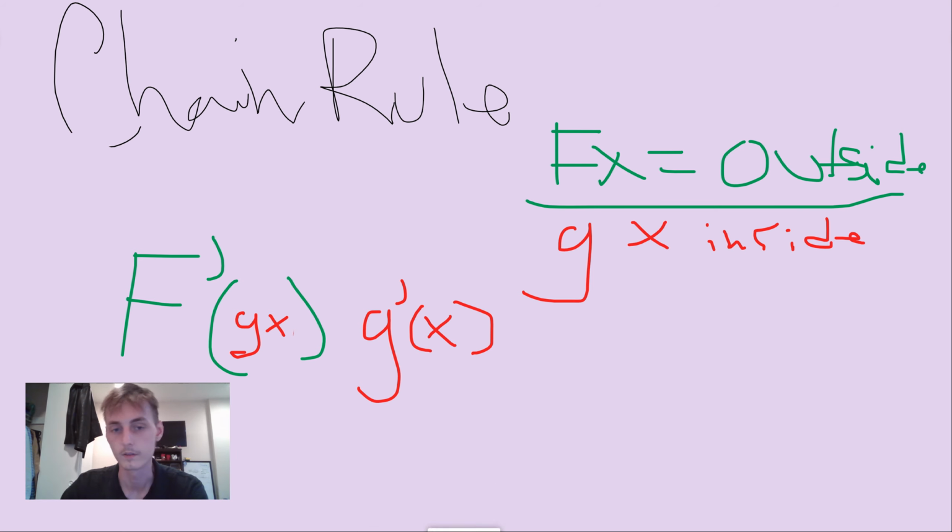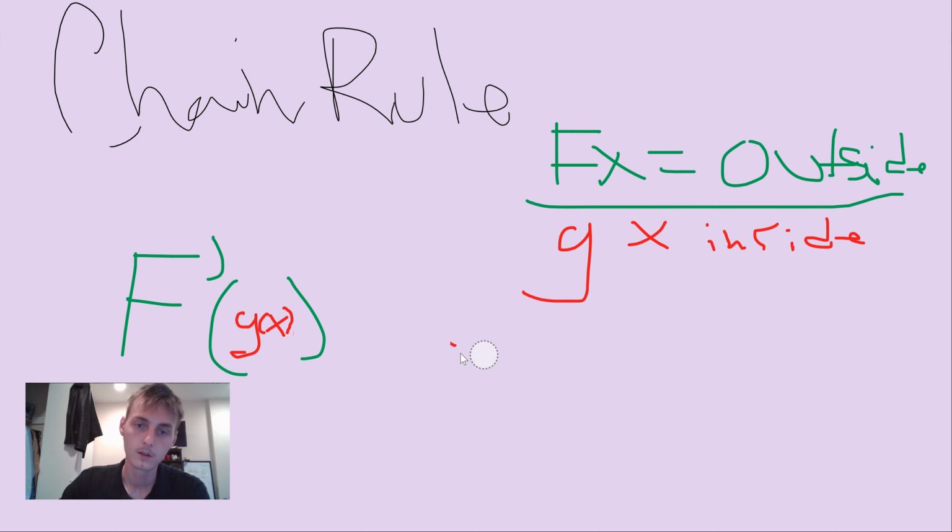So basically, you just want to make sure that you keep the original g of x inside of the brackets here, and then you multiply out the derivative. You don't want to change. Sometimes you might want to take the derivative of the outside and then change the inside to the g prime of x, and you don't.